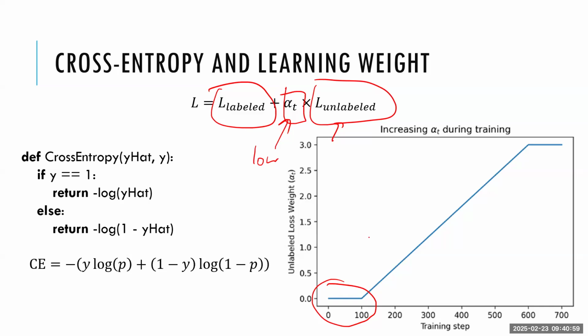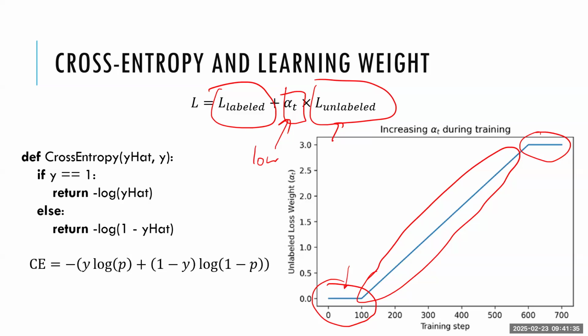And then after you train for a bit, you start to gain confidence in the unlabeled data. So when you have more confidence, now you can increase the weight of the unlabeled data. And then at some point, you will stop. So that is the learning weight for semi-supervised learning.